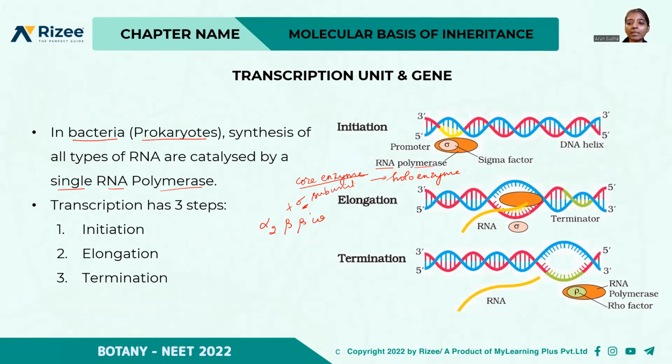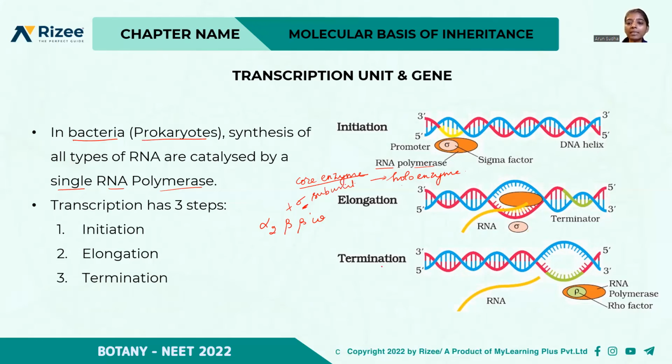This is called the transcription bubble. Only 8 to 9 bases will be attached to the DNA here, and the remaining RNA will leave the DNA. See here, after it is synthesized, it leaves the DNA. This is the RNA polymerase enzyme, and the sigma subunit is released after the initiation is complete. So this is the elongation process, where nucleotide addition happens with the help of the enzyme RNA polymerase.